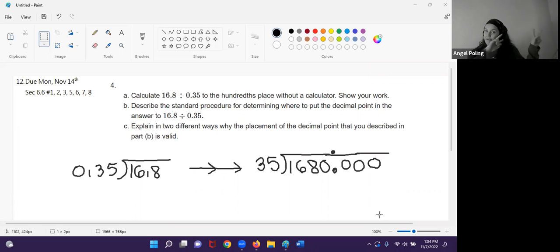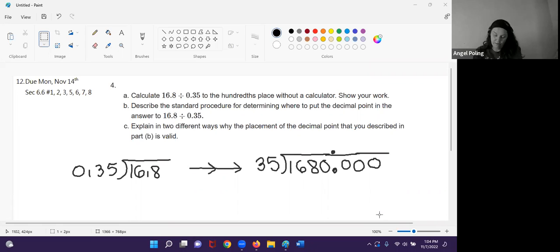So here we have ignored the decimal places, making the divisor a whole number. And as a result of how many places it took us to make the divisor a whole number, we use that to move the decimal place of the other value, right?